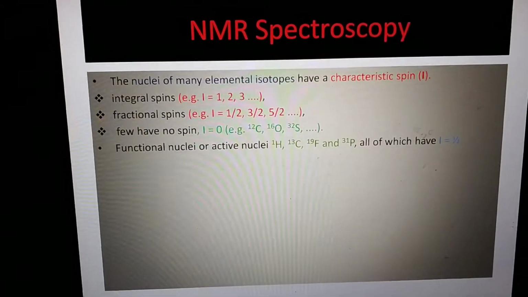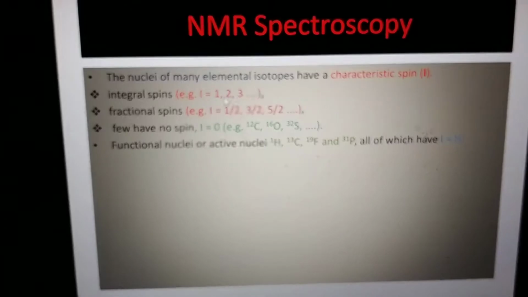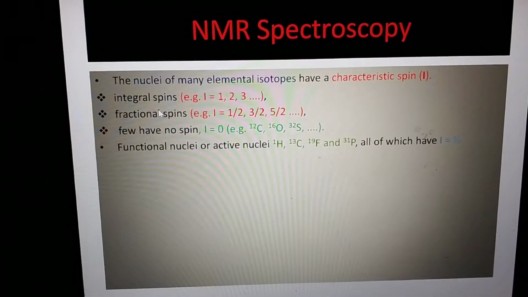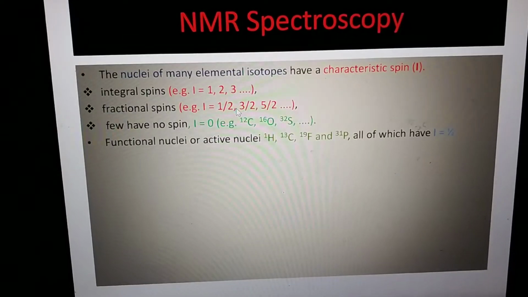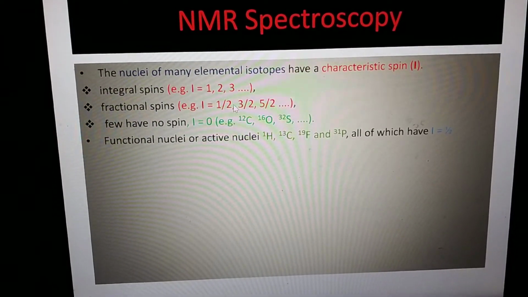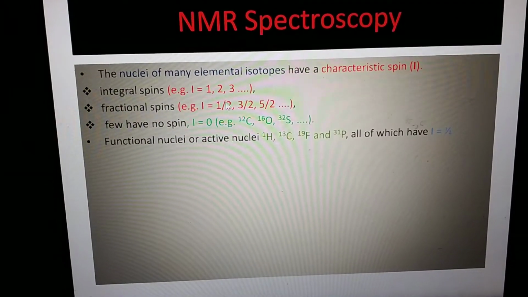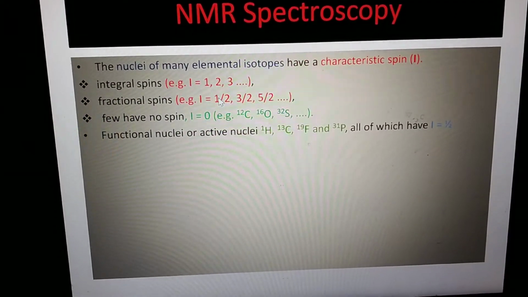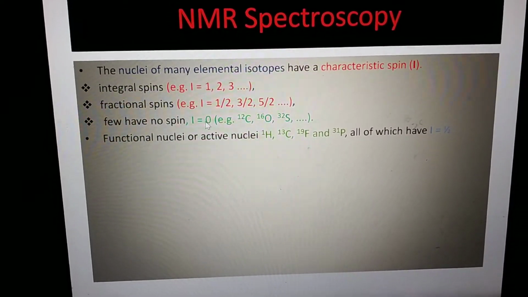One is integral spins, I equal to 1, 2, 3. Fractional spins have I equal to 1/2, meaning those nuclei have spin 1/2, then 3/2, then 5/2, so the upper digits will be odd. A few have no spin, I equal to 0.